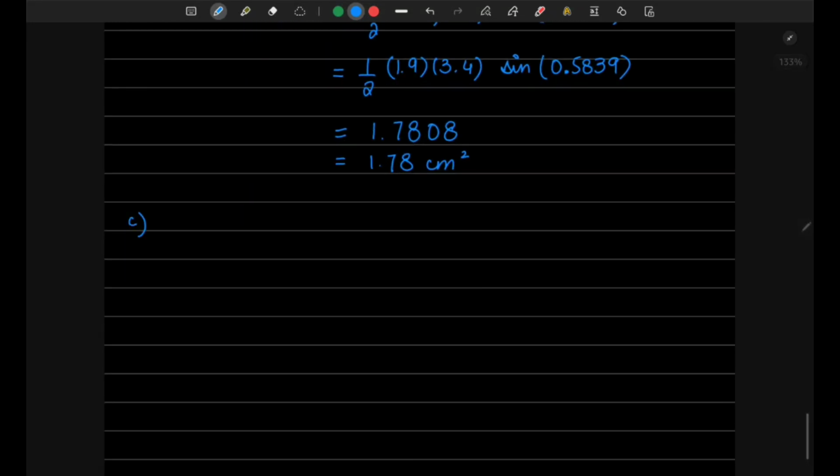Okay, given that the area of sector to the area of triangle is 3:2. So part C says, area of sector to area of triangle is 3:2. So that means the ratio is equal to 3/2.